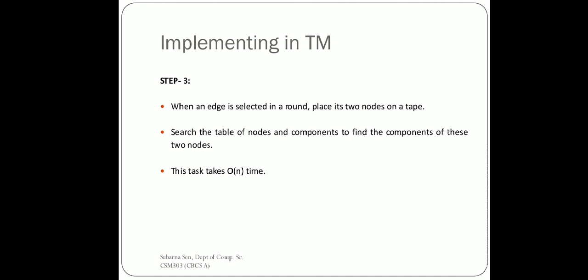Just see, whatever way we are approaching, whenever we are storing the edges which have not been used, and whenever we are selecting particular vertices, and trying to select the edge connected between this pair of vertices, everything can be done in order of n time, because the total number of edges and vertices we are considering is order of n, right?